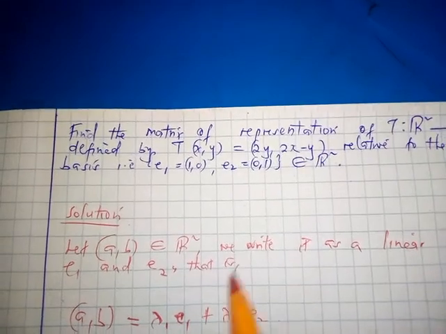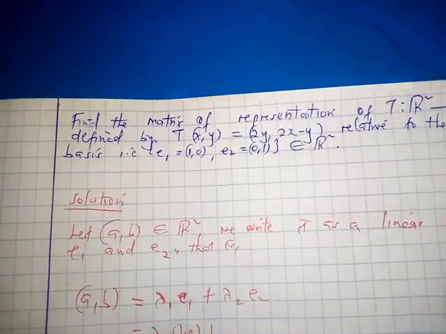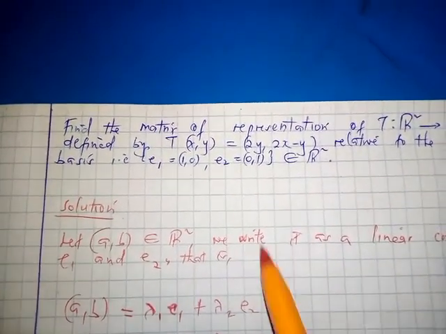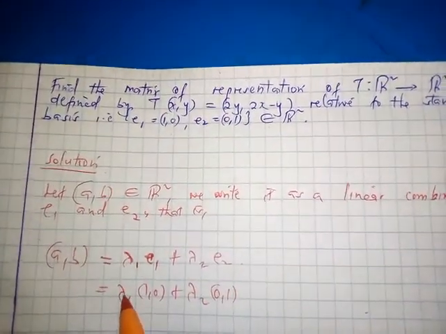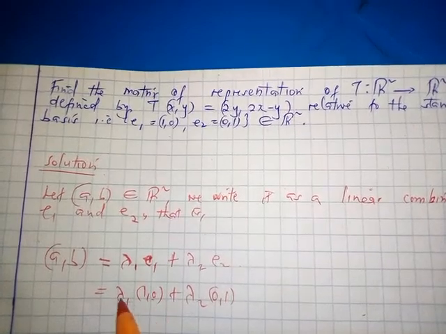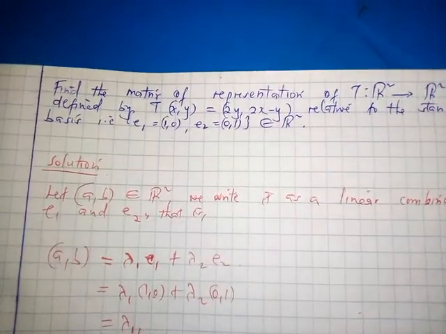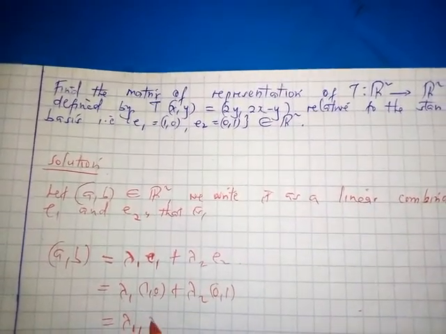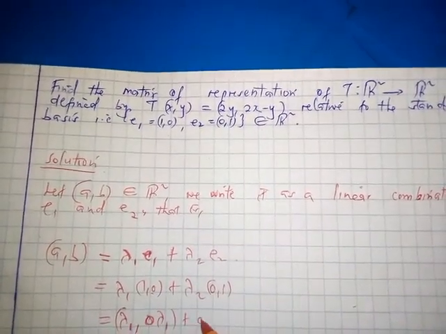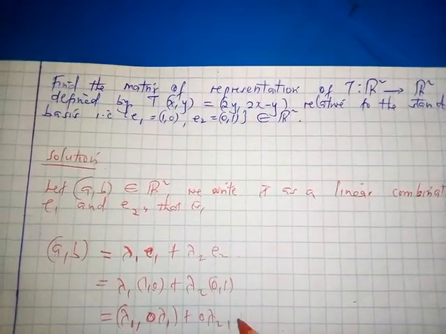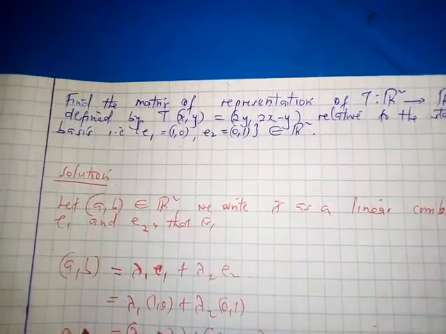But our E1 is (1, 0), so lambda 1 times (1, 0) plus lambda 2 times E2, which is (0, 1). So we have lambda 1 times 1 is lambda 1, times 0 is 0; plus lambda 2 times 0 is 0, lambda 2 times 1 is lambda 2, which is equal to (a, b).